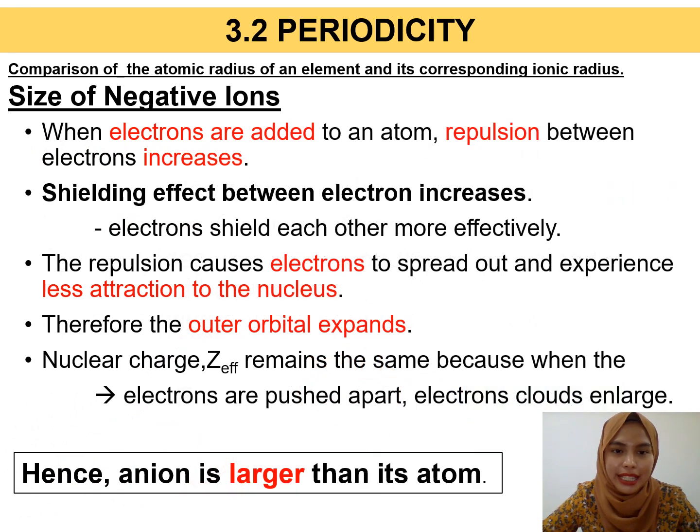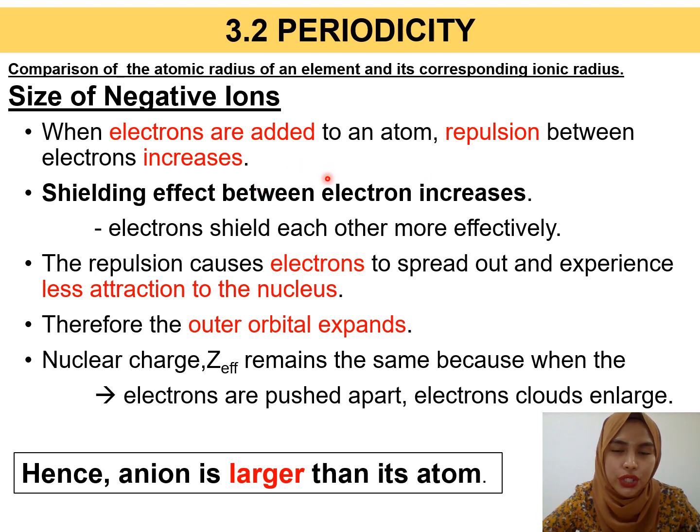Okay, the perfect explanation of why negative ions are larger than their atomic radius is because when you add electrons, repulsion keeps increasing, right? As I told you, shielding effect occurs when there is electron repulsion between the same shells, but not as strong as between different shells. Okay, when electrons are added, there is an increase in repulsion. Repulsion between electrons increases.